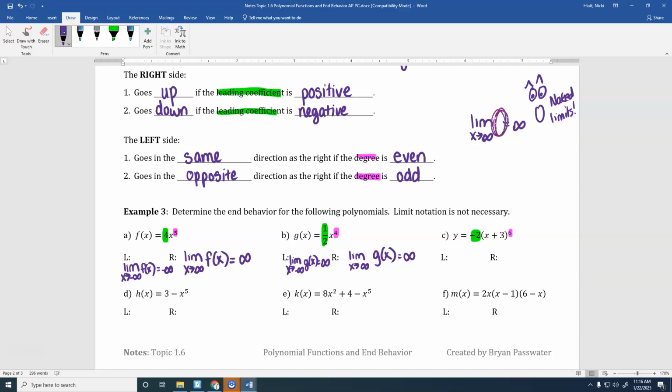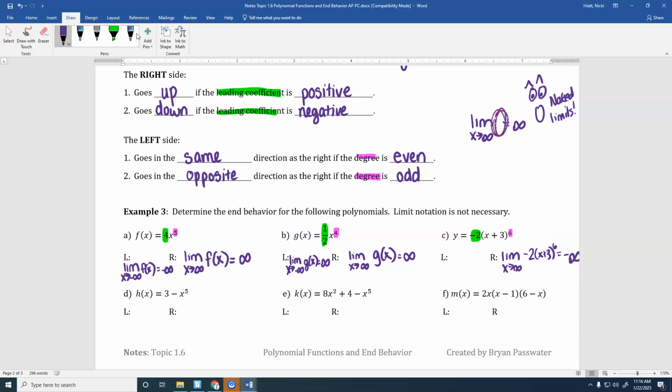So in this case, your limit as x approaches positive infinity of, it's a little tricky when they use y, because I don't like putting y there. I like using function names. What I would do is I would say negative 2 times x plus 3 to the 6th. I'd write the equation there. Usually I put function names, but he did do this here. And so this would be negative infinity here.